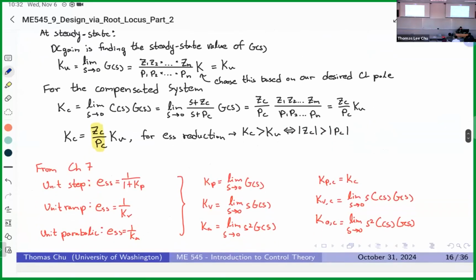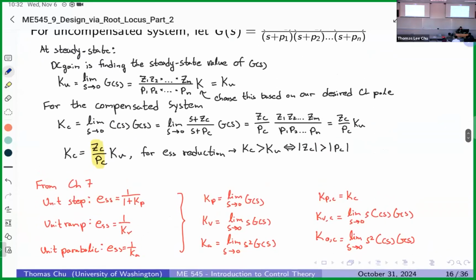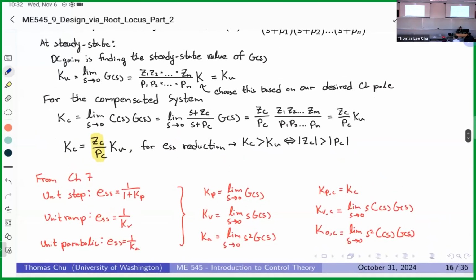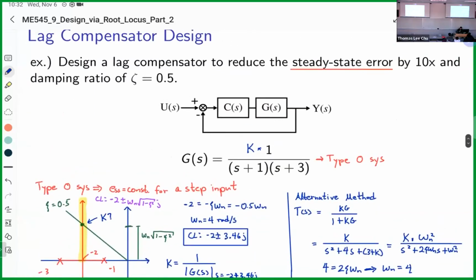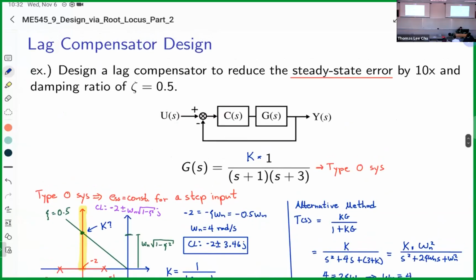Yesterday I derived briefly what it does. Assuming that our gain remains the same, the amount of error reduction we can get is achieved by the ratio of the zero and pole location. Basically, you choose your pole location and then choose the corresponding zero to the left of it to get that reduction in error. In the example from yesterday, we started the lag compensator design, and we wanted to reduce steady state error by 10 times with a damping ratio of 0.5.